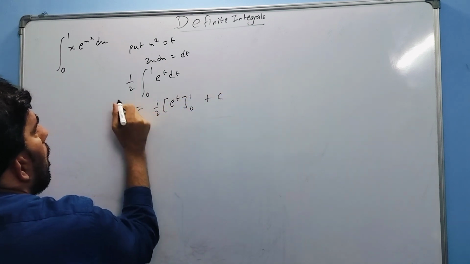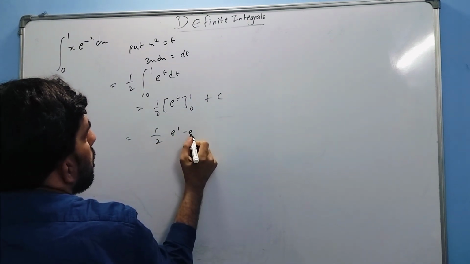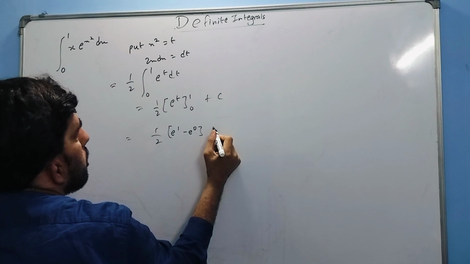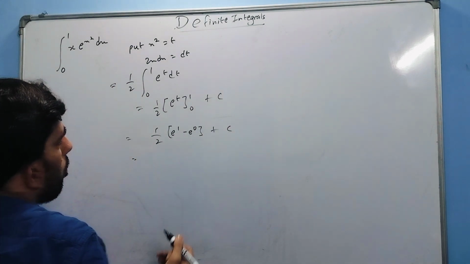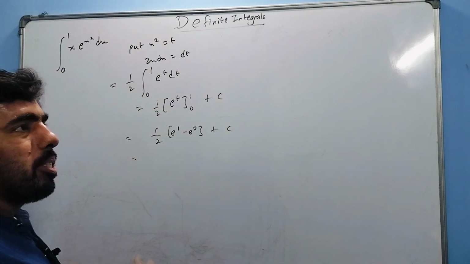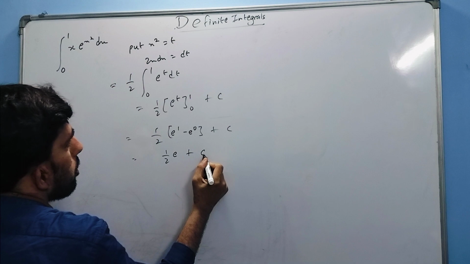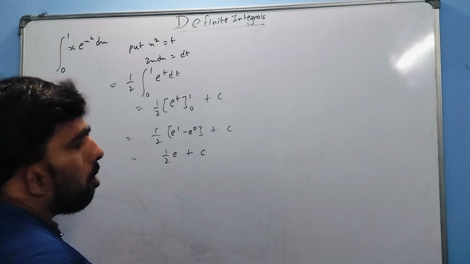So now we have half of (e¹ minus e⁰) plus c. We know any number having the power 0 is 1. So I got half (e minus 1) plus c. Okay, so that is how we solve.